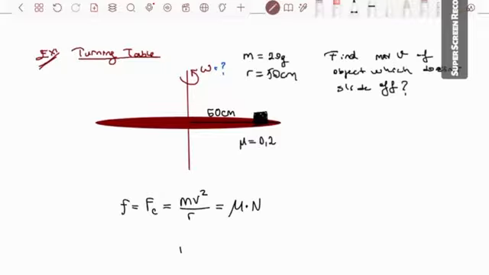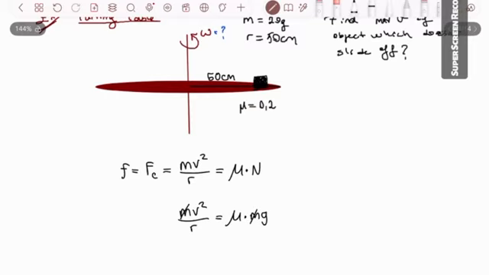And this would turn into mv squared over r equals mu times mg, because the normal is equal to the weight. And again, canceling the m's out would result in v equaling square root of mu times g times r.